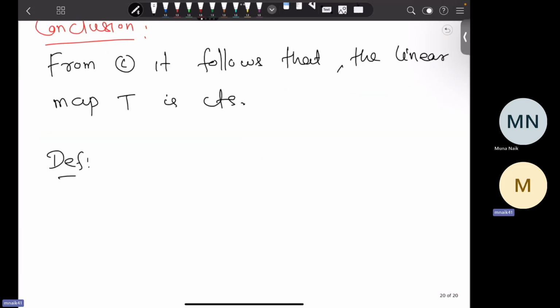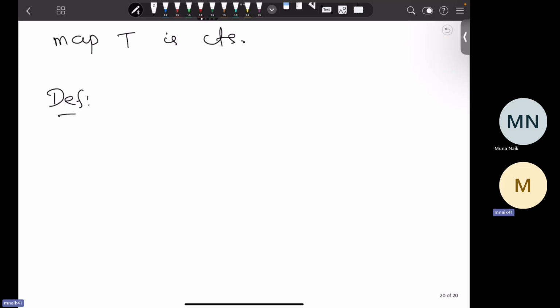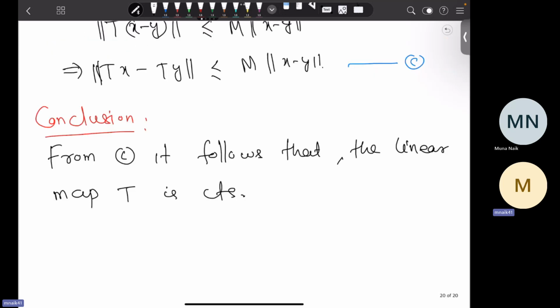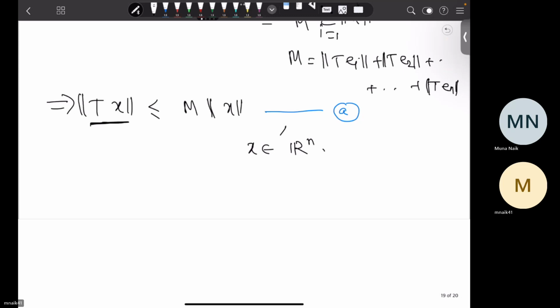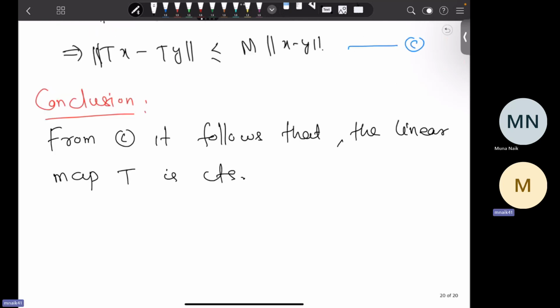Before giving the definition, from A we have this thing. Let us make two conclusions.